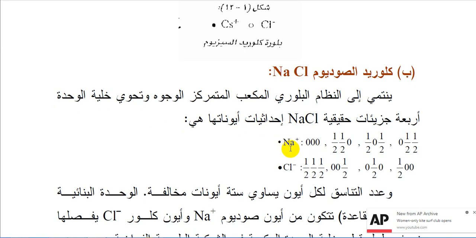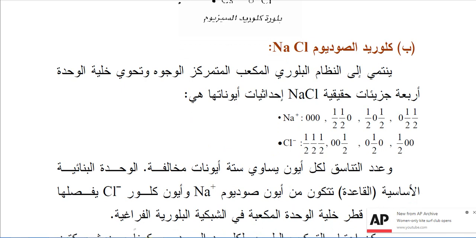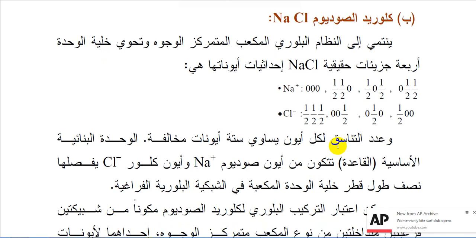بالنسبة للأيون الموجب للصوديوم Na, for the positive ion of the Na as you can see right in front of you, as well as for the negative ion of Cl. وكذلك للأيون السالب, يعني أيون الكلوريد. And the coordination number for each ion, يعني عدد التناسق لكل أيون, equals 6 ions.